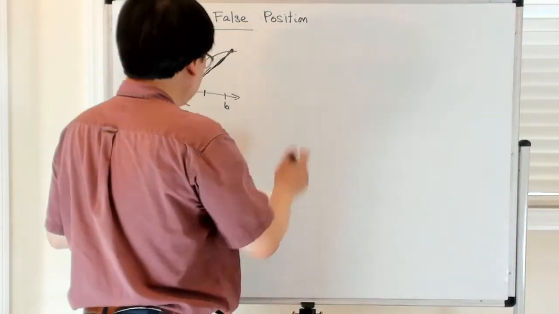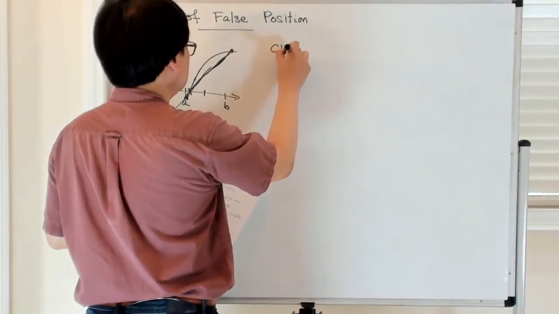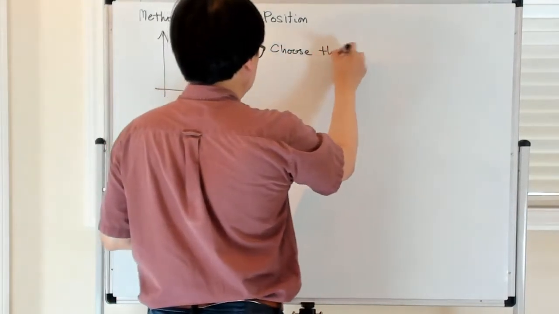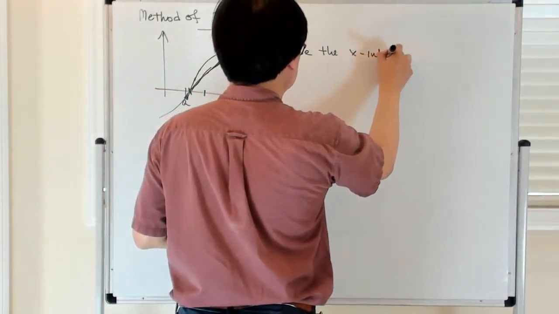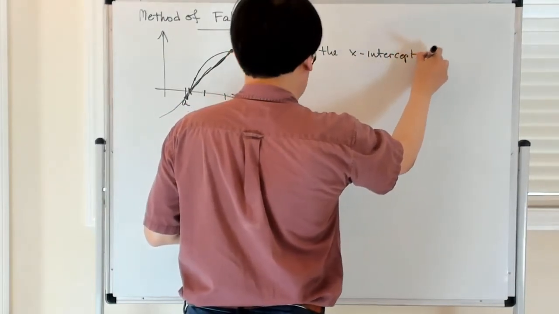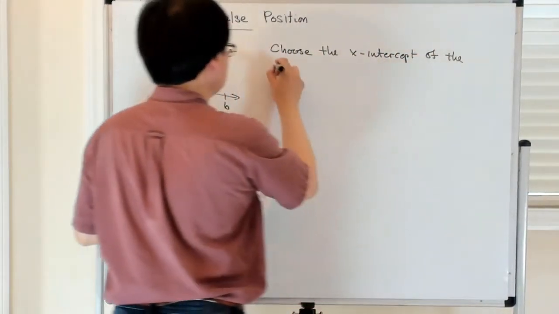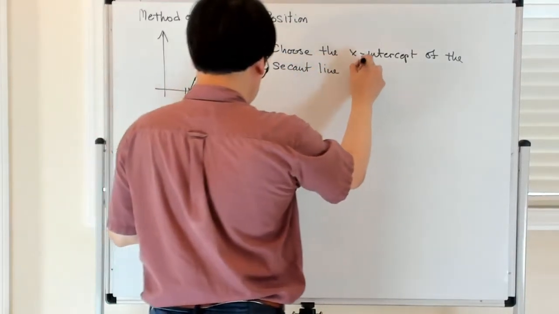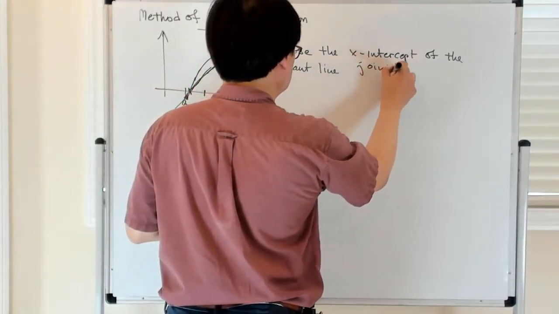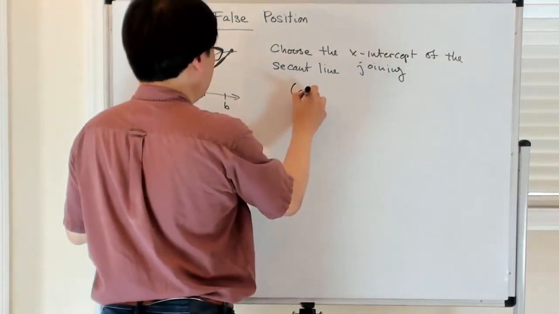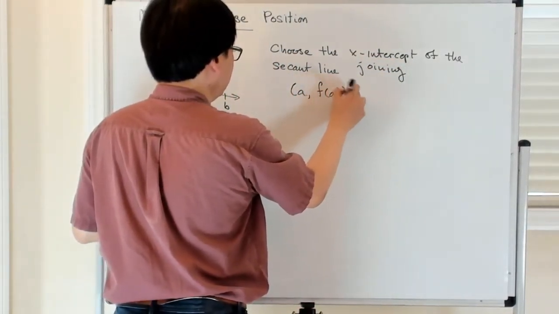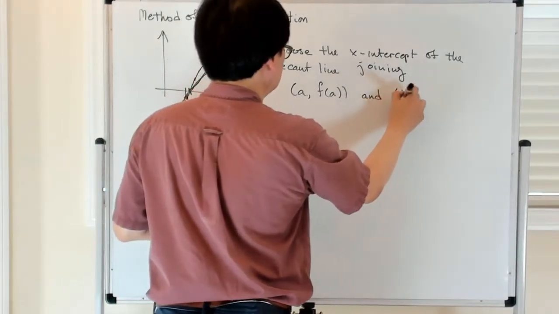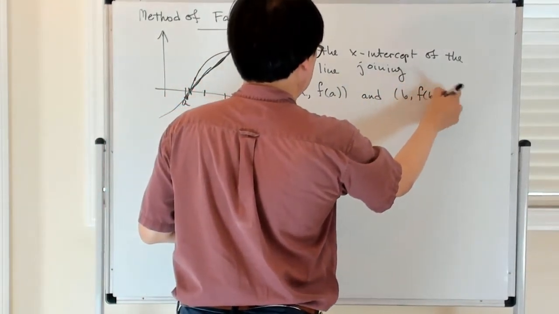So the idea then is to choose the x-intercept of the secant line joining (a, f(a)) and (b, f(b)).